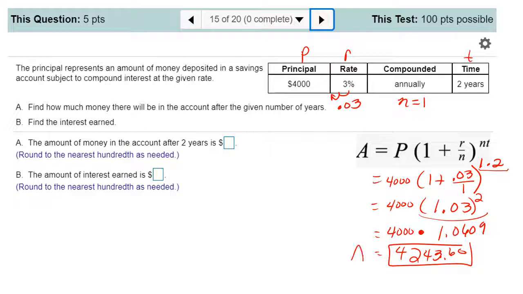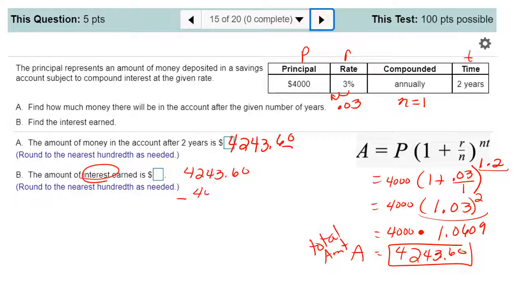Now that is the A, so that is the total amount. That would be principal and interest. So the amount in this account after the 2 years is $4,243.60.